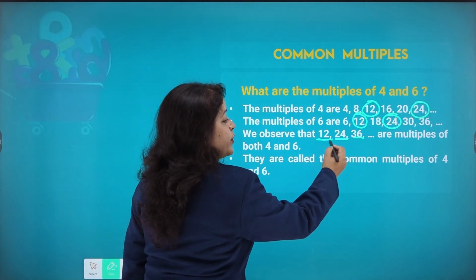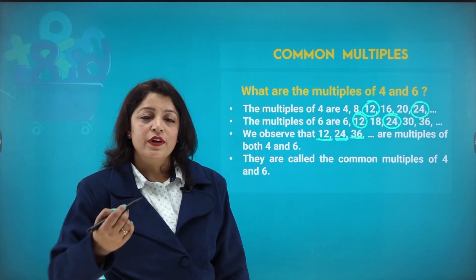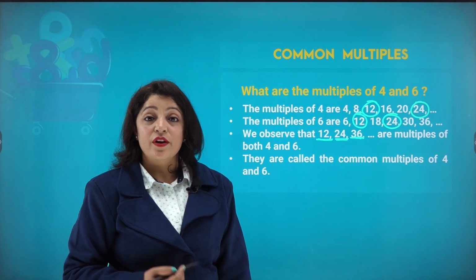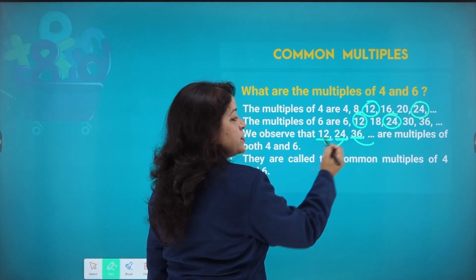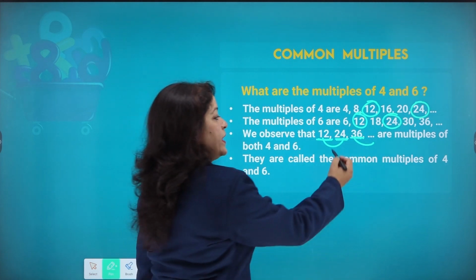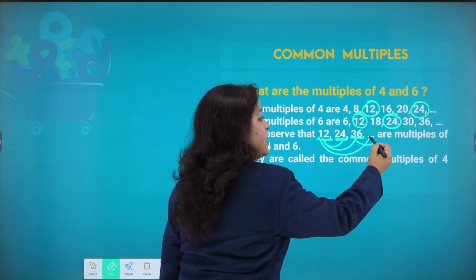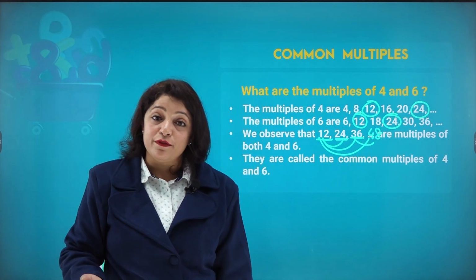Now, you can relate one more thing here. Let's say after 12 you have 24, after 24 you have 36. Can you relate what will be the next number in the series? Yes, you are right. We have 12 2s are 24, 12 3s are 36, so 12 4s are 48. And we will continue the table of 12.